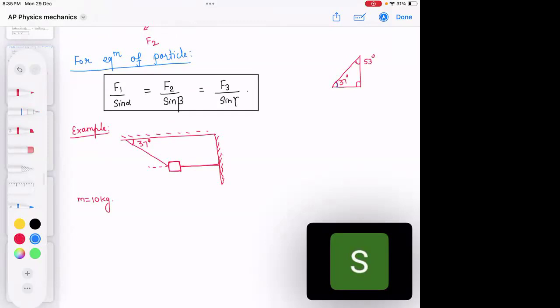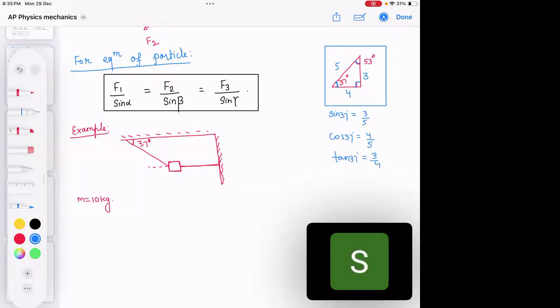Smallest angle, smallest side, medium angle, medium side, biggest angle, biggest side. This is called 3 4 5 triangle. So sine 37 is 3 by 5, cos 37 is 4 by 5, and tan 37 is 3 by 4. So just keep in mind this one.